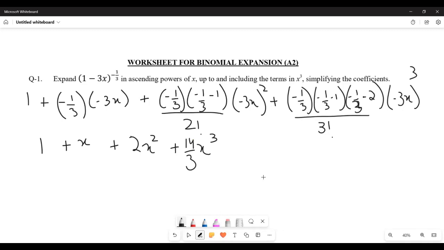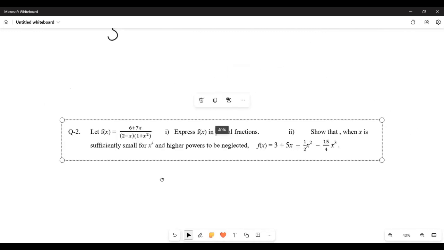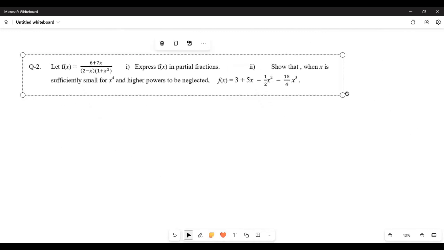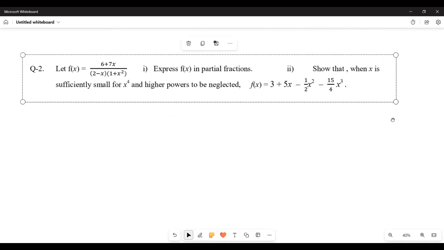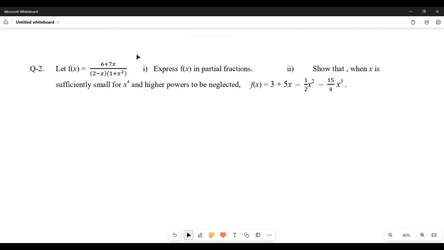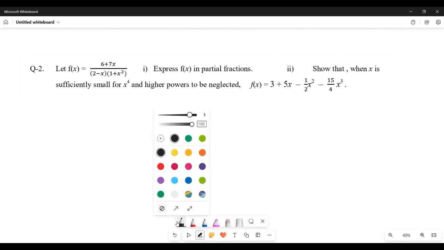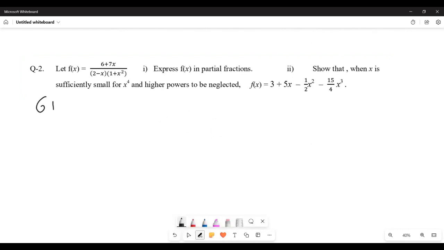Question 2. Let f(x) equal this. Express f(x) in partial fractions. So we already did that in the last lesson, so we're just directly going to use the answers. You did change it into partial fractions already.